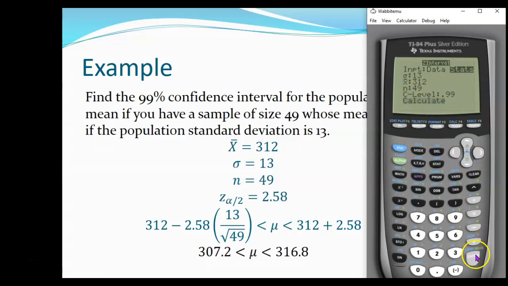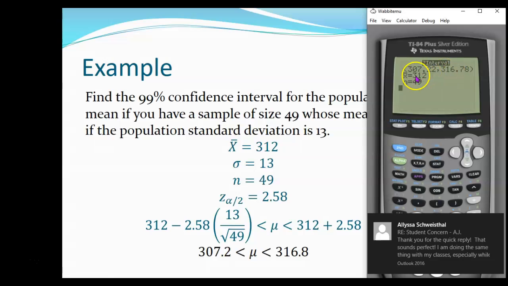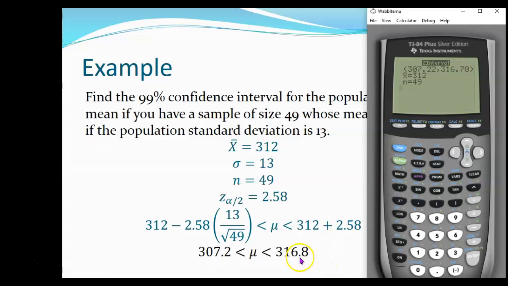Then go down to Calculate, hit enter, and there's the interval, 307.2 to 316.8 if you round to one decimal digit.